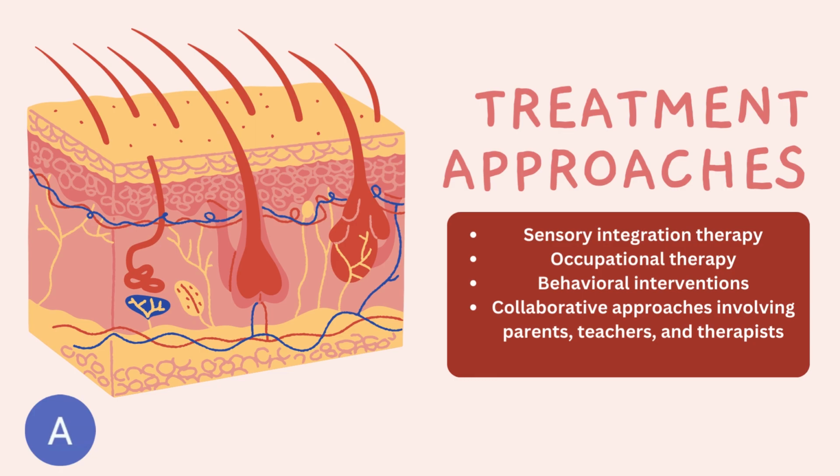So the treatment approaches for a person with SPD include these four suggestions. The first one is sensory integration therapy. This type of therapy focuses on exposing individuals to sensory stimuli in a structured and repetitive manner to help the brain adapt and respond more effectively over time. The second one is occupational therapy, or OT. OTs specialized in sensory integration play a central role.